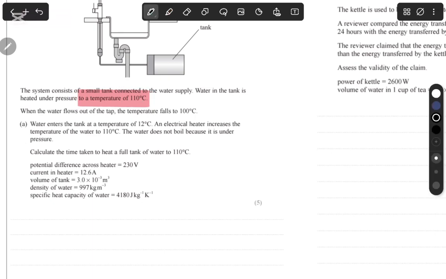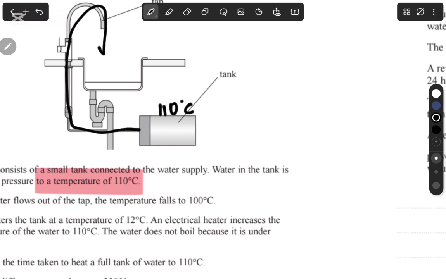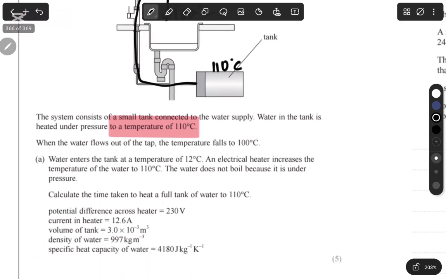When the water flows out of the tap, it becomes 100 degrees Celsius. The water does not boil because it is under pressure, so we make the assumption that the pressure doesn't cause the boiling.